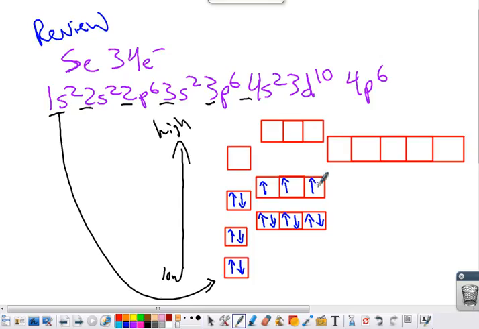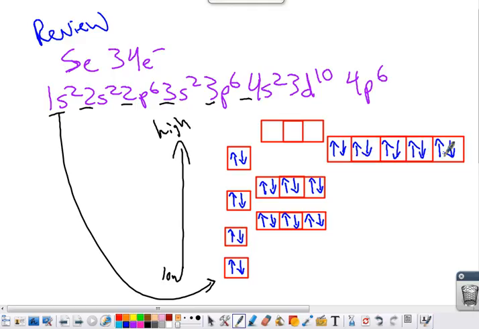There we go. Keep going. Beautiful. What are we going to do here? That's no problem. There's 10. So we're still going to go 1, 2, 3, 4, 5, 6, 7, 8, 9, 10.